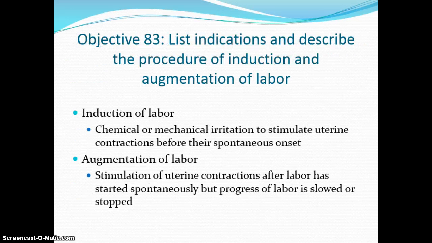When we're talking about induction of labor, that's going to be the chemical or mechanical irritation to stimulate uterine contractions before their spontaneous onset. So if you look at page 504 of your textbook, inducing labor is really the only way we're going to be able to have delivery of a fetus unless we would move to C-section. But oftentimes with induction of labor, it's going to be using those medications that we've talked about in clinical and in the classroom.